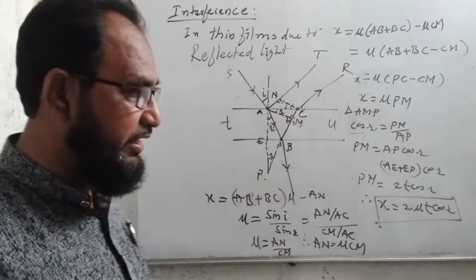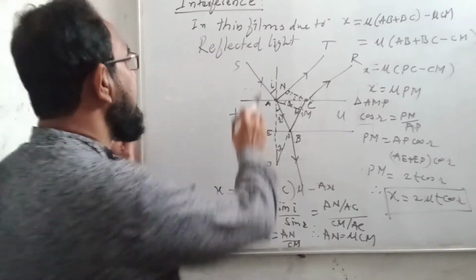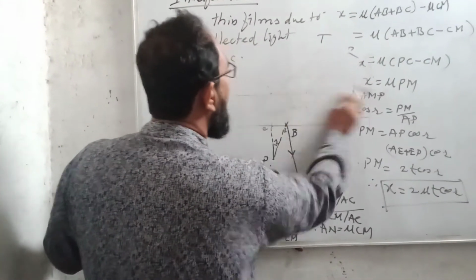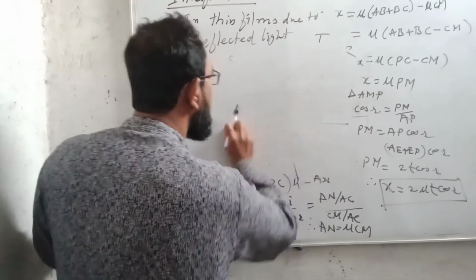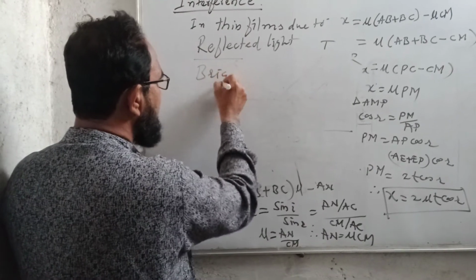in the same medium. Now, if this path difference is equal to n lambda for bright band, we know the condition for the bright band.